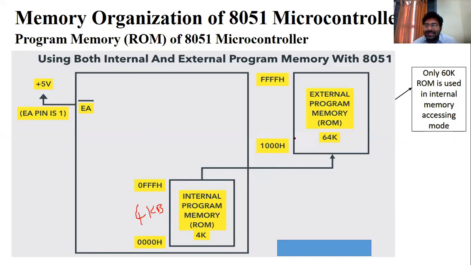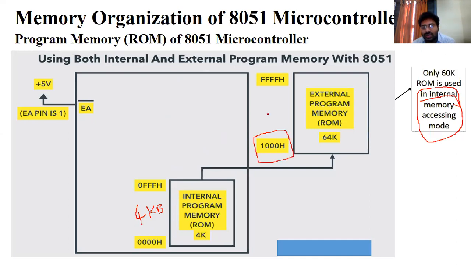Whenever you are accessing external memory also in internal memory access mode, in this mode 4 KB of the internal chip is utilized. This is the computer chip.